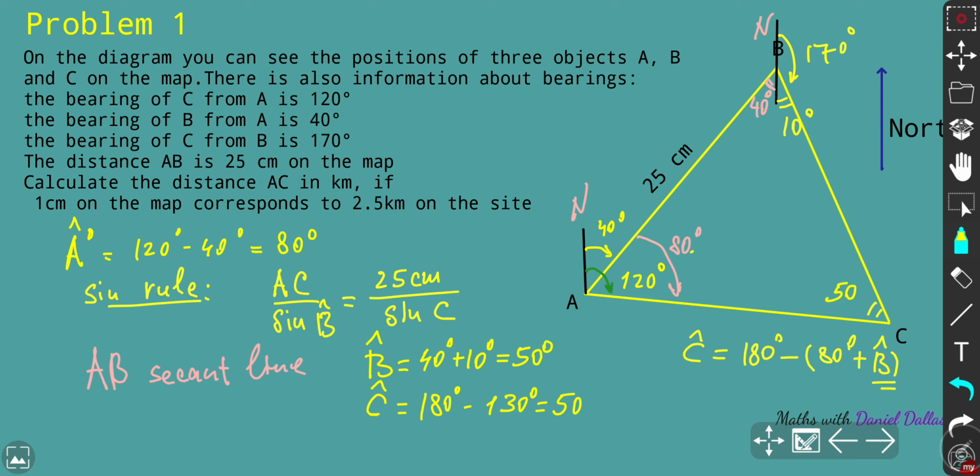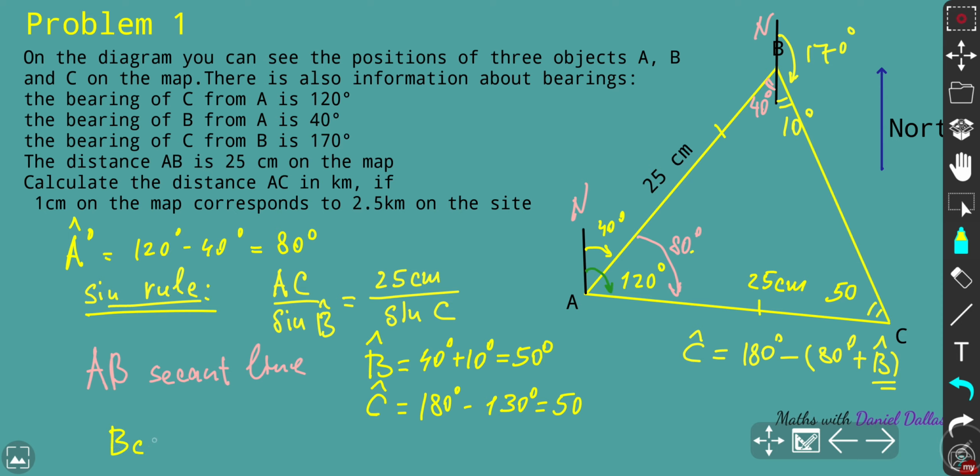All right, so first of all, we can use sine rule. That's the first alternative. But because we know that angle B is equal to angle C, this distance is going to be also 25 centimeters.